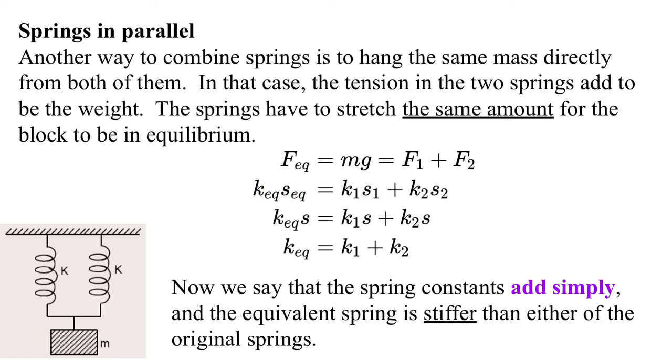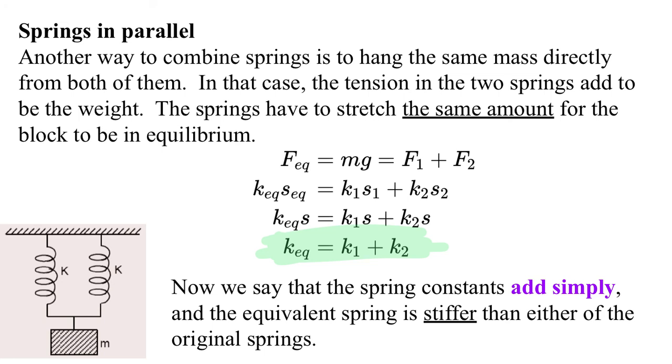So K equivalent times S equivalent is K1 S1 plus K2 S2. But again, all of these distances are the same, so I can cancel them, and I get a different and maybe nicer result, that the equivalent spring constant is just the sum of the original spring constants. When we add springs in parallel, the spring constants simply add, and that's what we usually say.